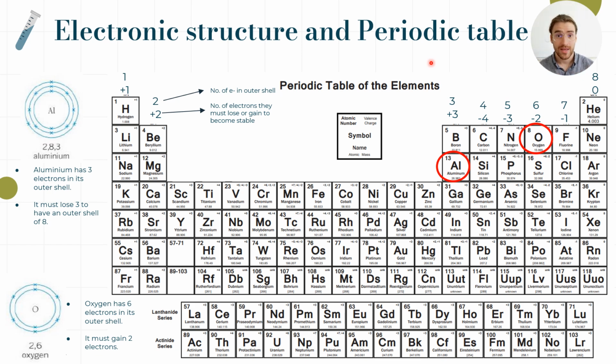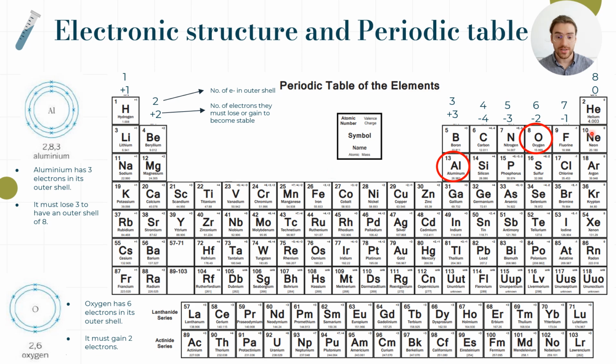Depending on how many electrons they have in their outer shell will depend on what the positive charge will be once they become an ion. And that's where we see this +1, +2. Metals can be different, so they can be +3 or +2, mostly +3, and then group 3 is going to be +3 as well.